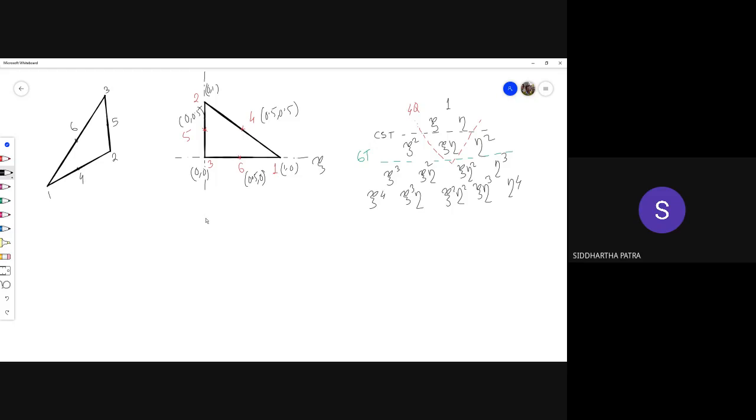Again, you can imagine each of these shape functions in this case would be quadratic, and it would be having terms of xi square, eta square, or xi eta up to this.